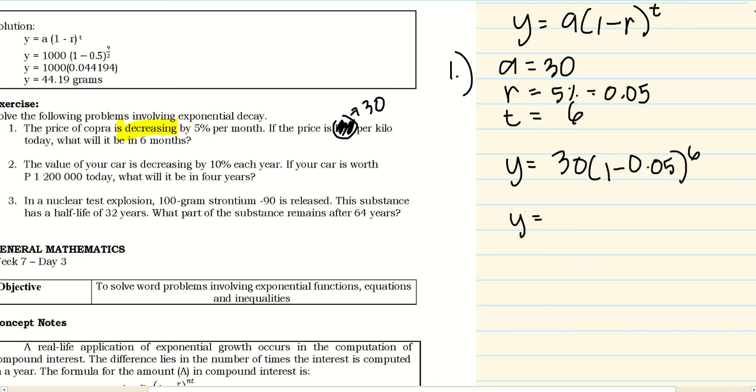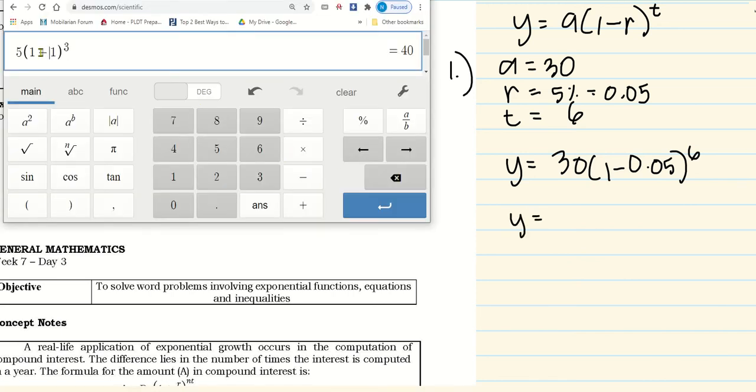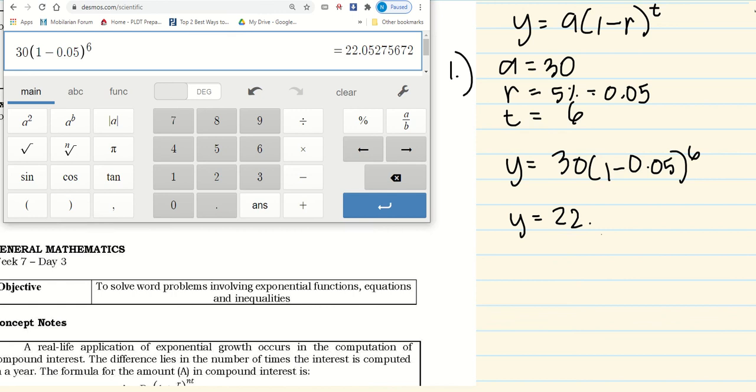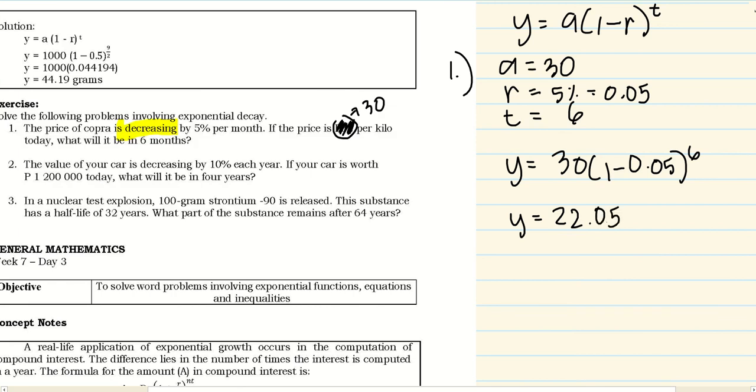So we have to change it into minus. Then this is 30 times 0.95 to the power of 6. We already have the answer, which is 22.05.